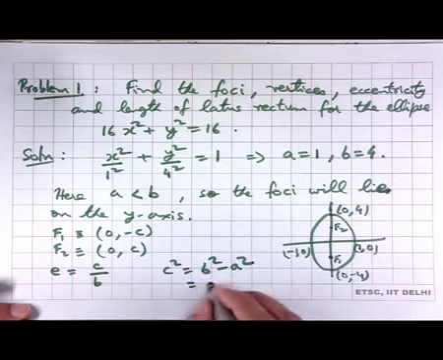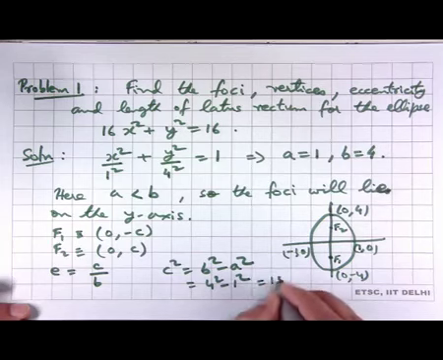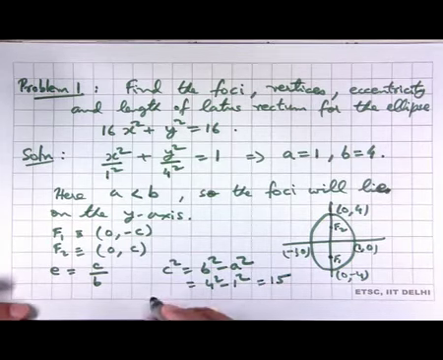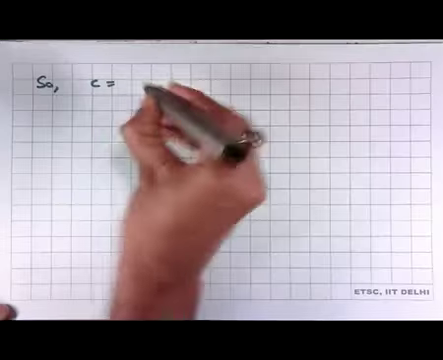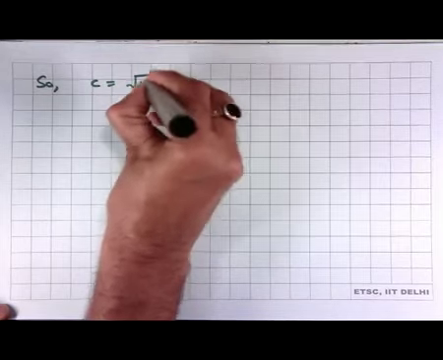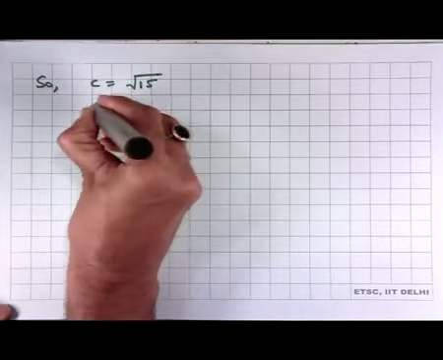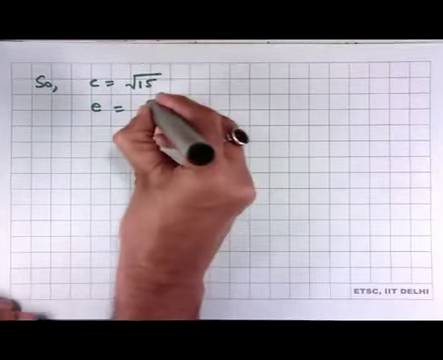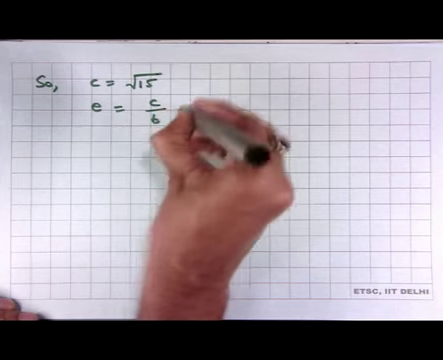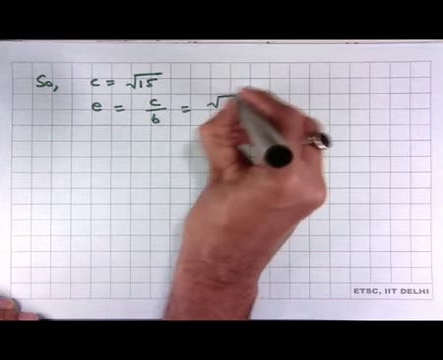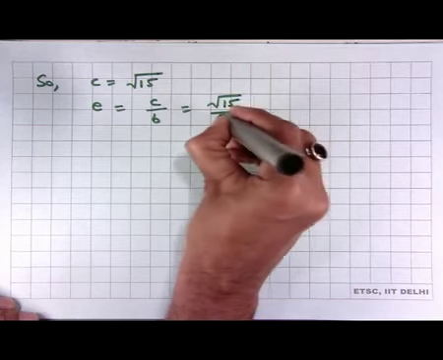So, this is 4² minus 1², this is 15. So, c is square root of 15 and eccentricity e is c over b, which is square root 15 over 4.